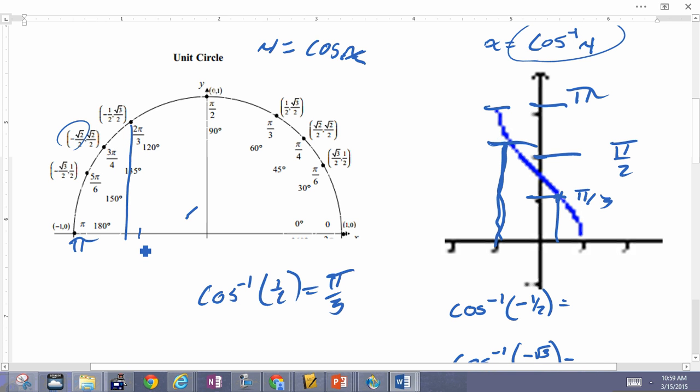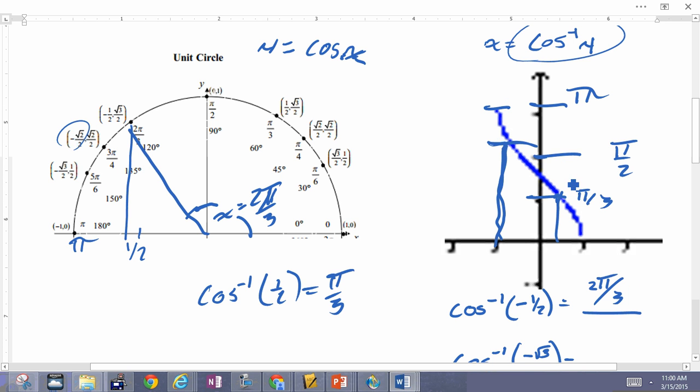The angle of rotation that sweeps out to that alpha is equal to 2 pi over 3. So therefore, the cosine inverse of negative 1/2 is 2 pi over 3.